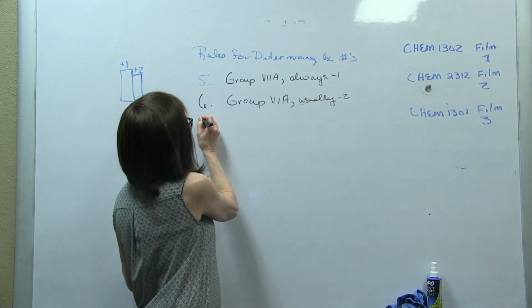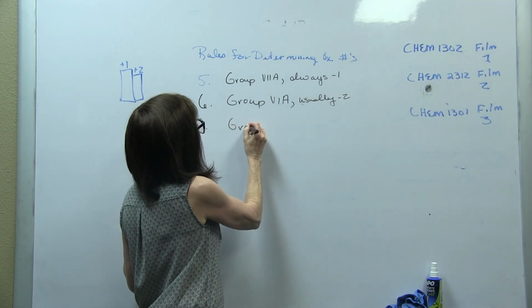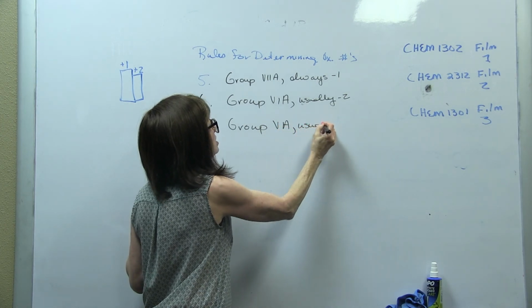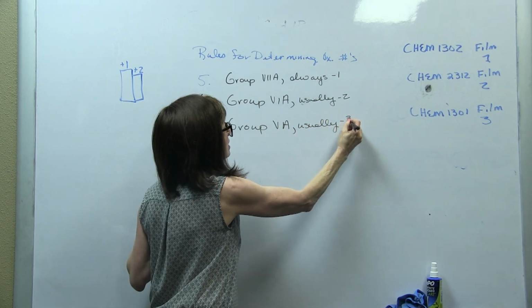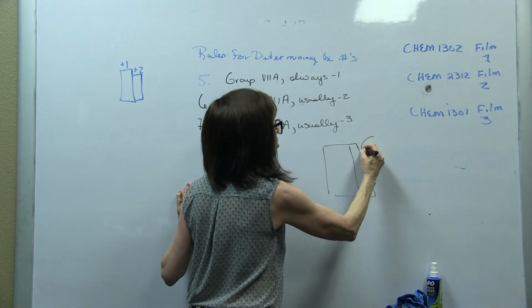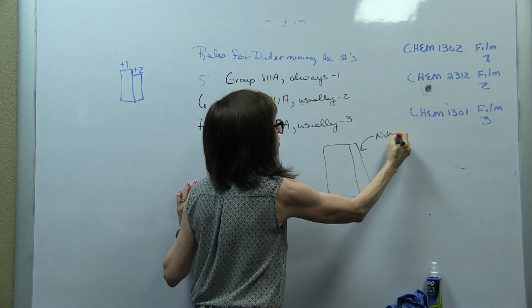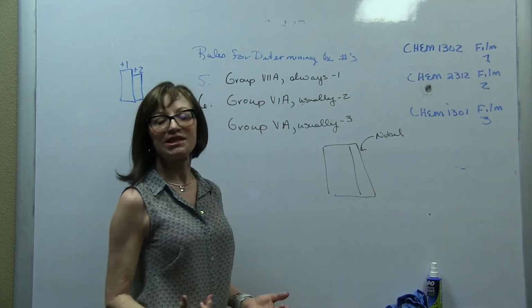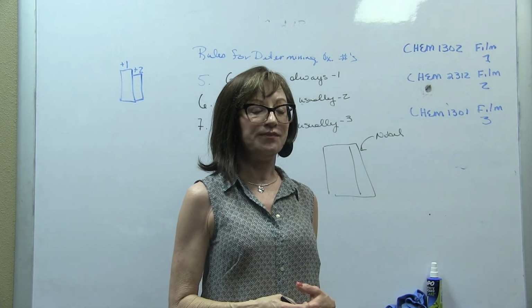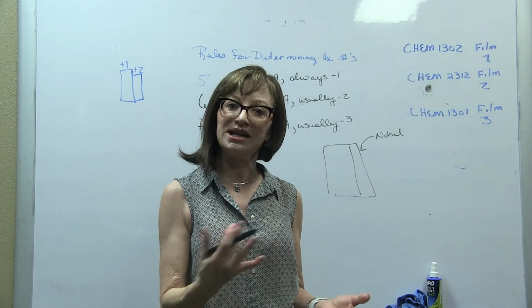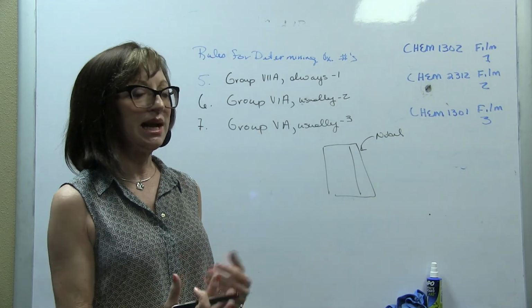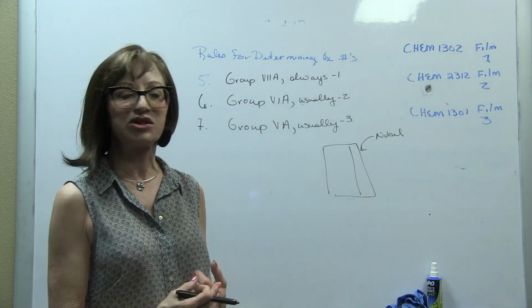Now, for group 5A, it's usually -3. So what I used to do when I was a student, I ignored the noble gases because they're noble. They like to exist on their own, so for your case, they don't really gain electrons because they have a filled shell.